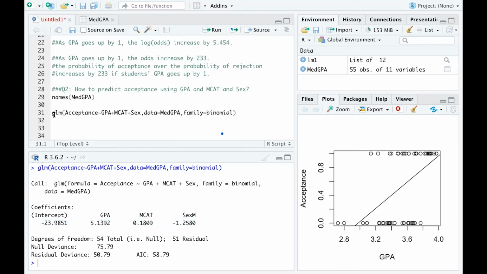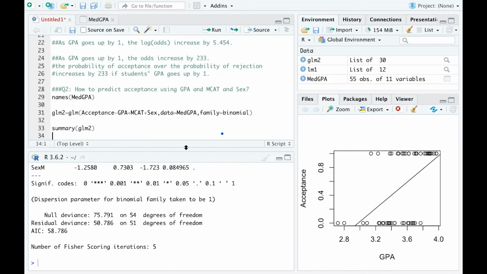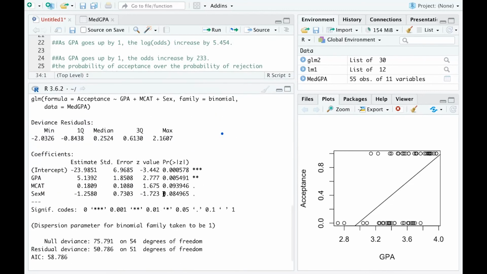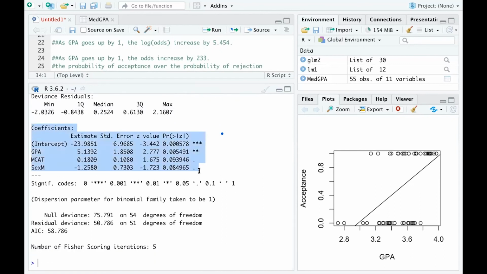So you can call it GLM2 and run that. Then you can use the summary function on GLM2 so that you get the summarized results in a table format here. You can see we have the z value, which is for testing each individual coefficient.